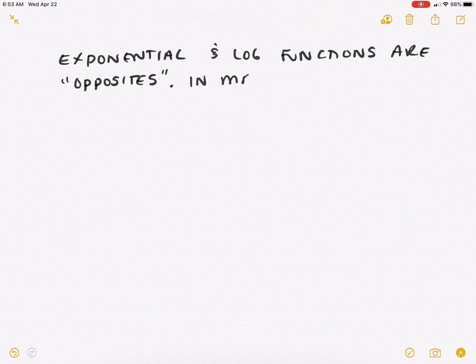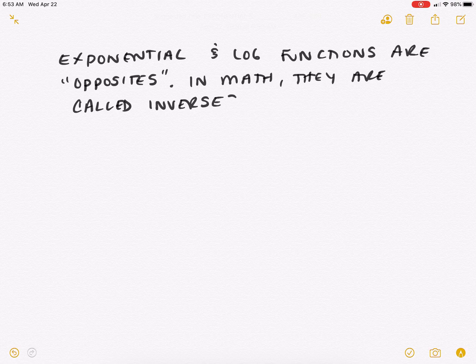In math, they are called inverses. Now, we don't talk a whole lot about inverses in Algebra 2. We should, but we don't. You'll hear about it more in pre-calculus. You've dealt with inverses all along, okay?